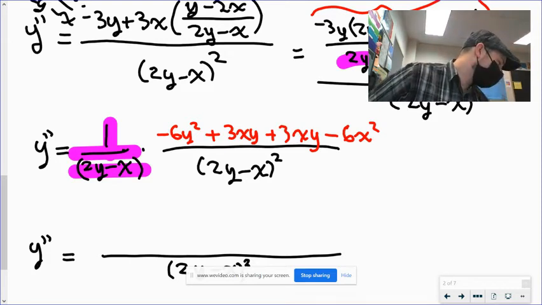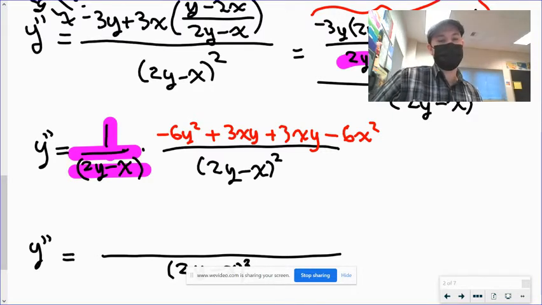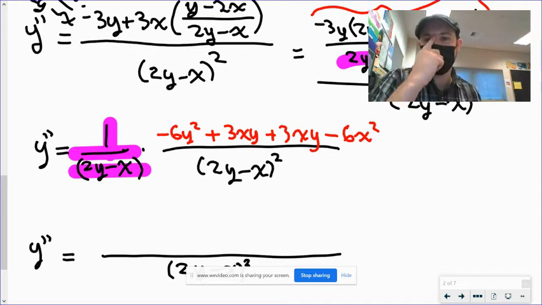And so far, it doesn't match our answers, does it? So there's something in our work that's not correct. And I'm wondering if it's just a minus sign somewhere.